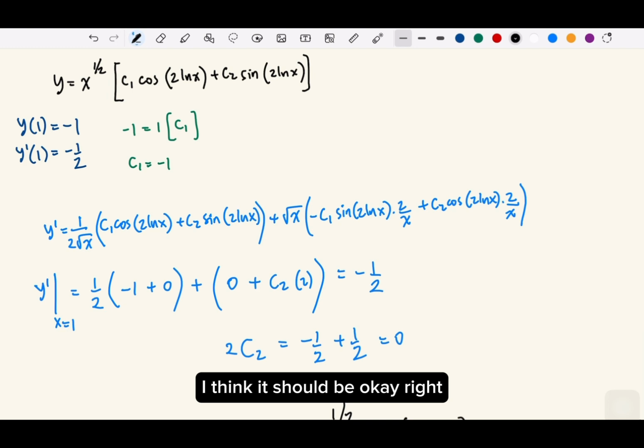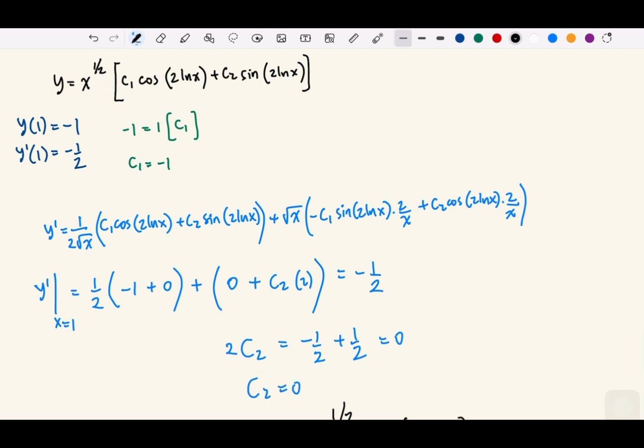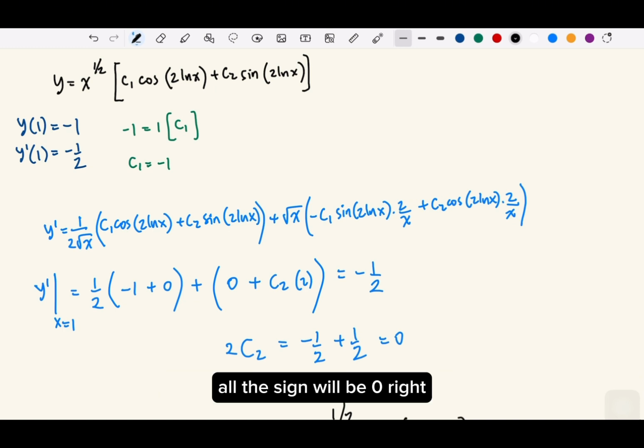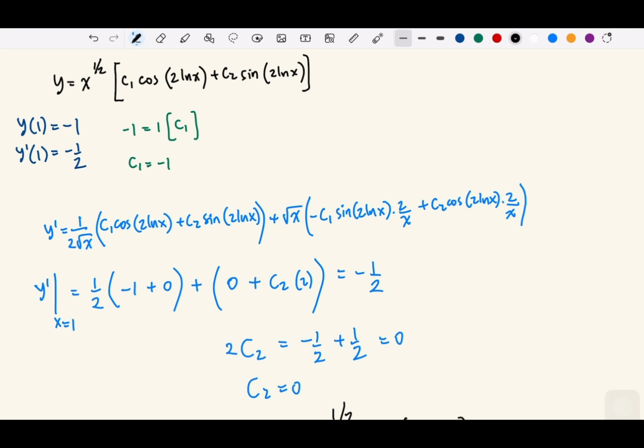I think it should be okay, right? Then take x equal 1, put here, put there. All these signs will be 0, right? Okay. I think correct.